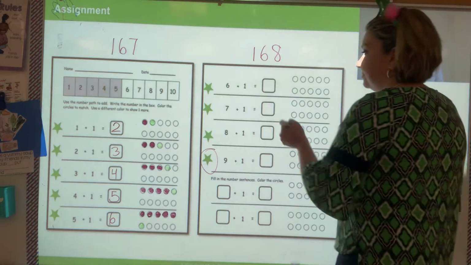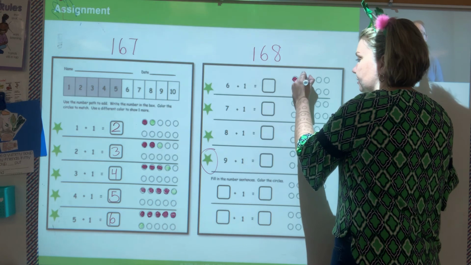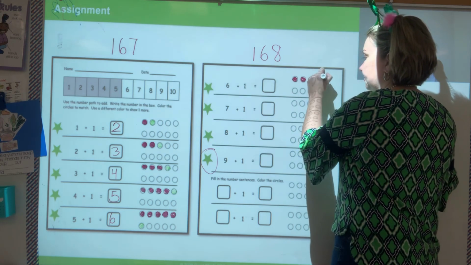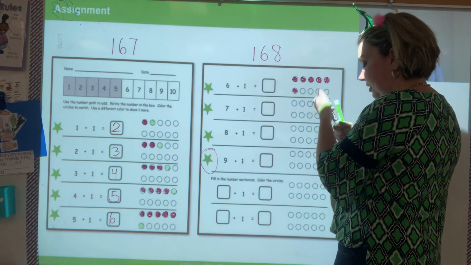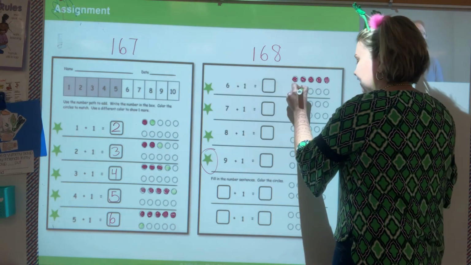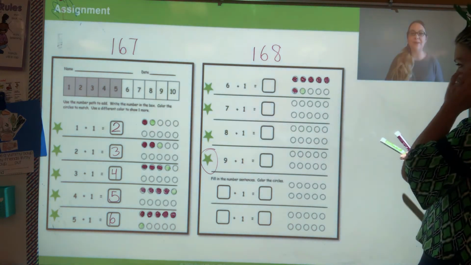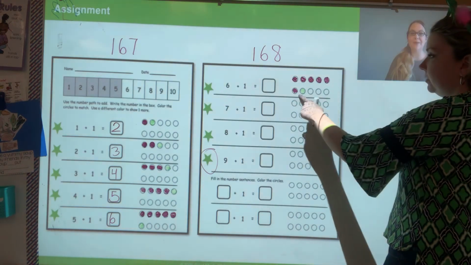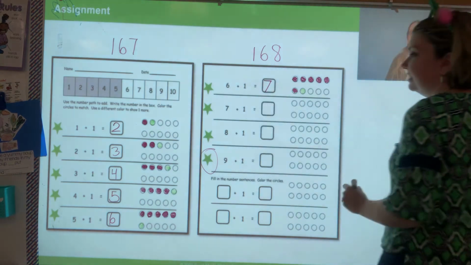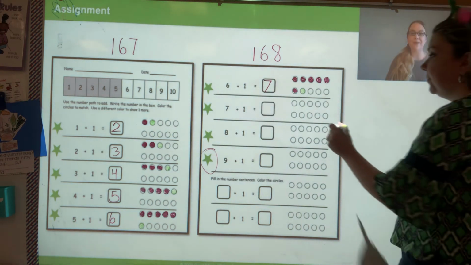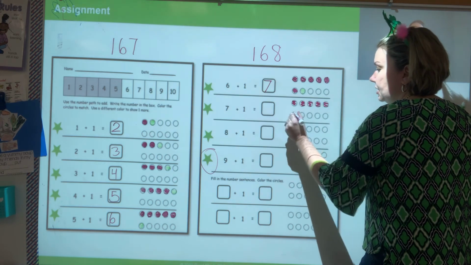So here, we're gonna color in 6 circles. And 1 more, a different color. 6 and 1 more is 5, 6, 7. Now, we color in 7. Of course, you colored much neater than I am.